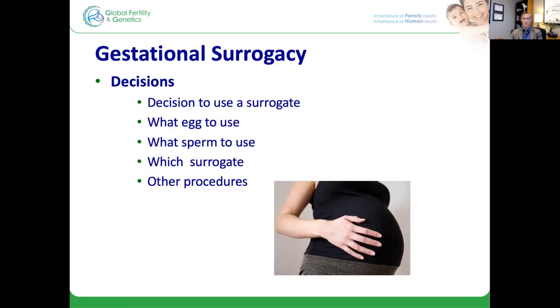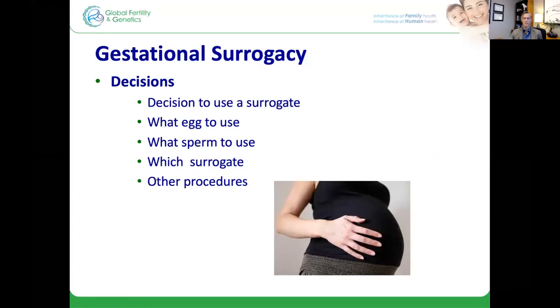Again, what sperm to use? If we're going to use a partner sperm, or if we're going to use donor sperm, or if there's a same-sex couple, which one will give the sperm, if it's the one or the other, or maybe mix the sperm together, which can be done also. After this process, we need also to choose a surrogate, and that's the matching process to the surrogate.